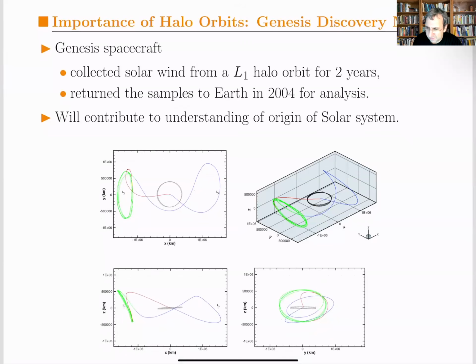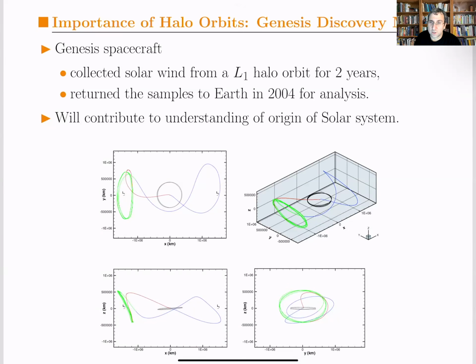Just to say a little bit about the importance of halo orbits, the thing that got me involved was looking at the Genesis Discovery mission, which was a halo orbit around the Sun-Earth L1. About 1 million miles in the direction of the sun is L1.